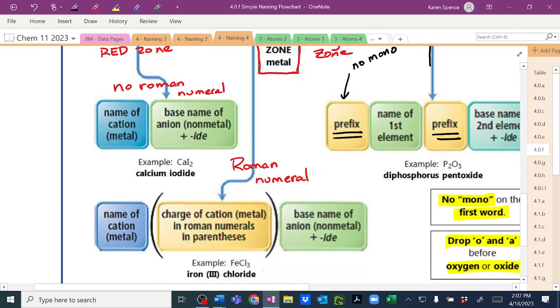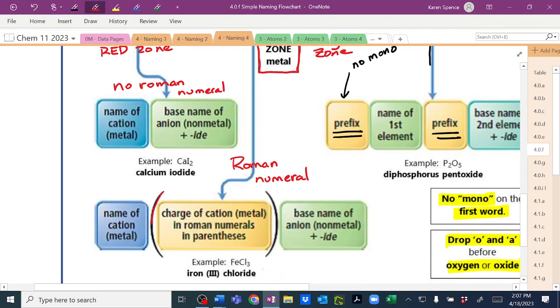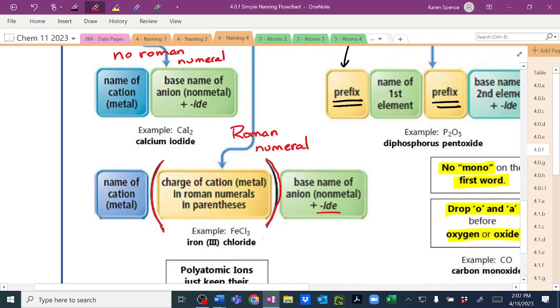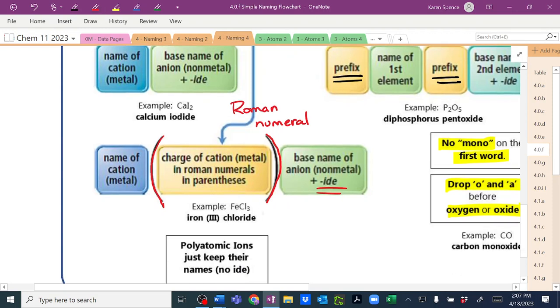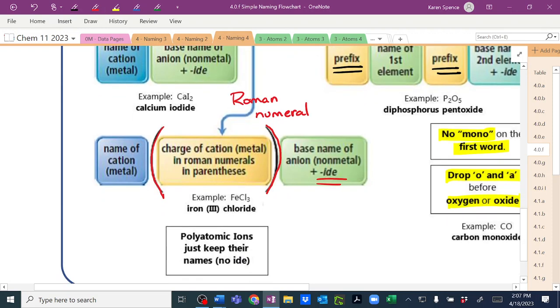Okay, so we write the cation, we write brackets, and the Roman numeral goes in the middle, and then we write the anion plus "-ide". And the only other thing to watch out for there is if you have a polyatomic ion, don't be changing it to "-ide", just keep the name. Is good? Okay.